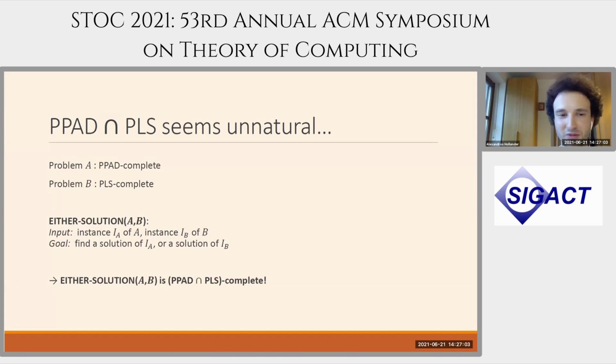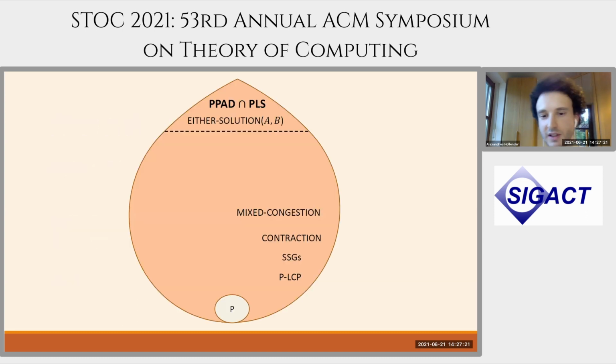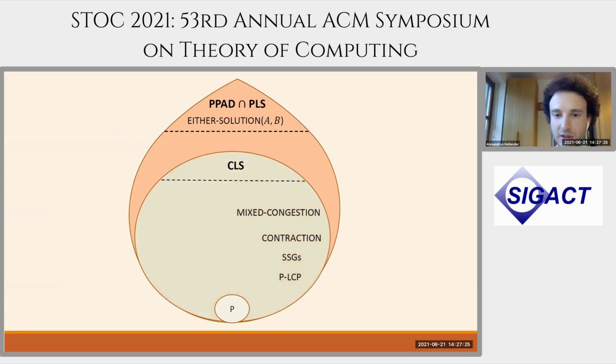There's a complete problem for the class already. The problem is that these are the only complete problems that we know, and they are extremely unnatural and artificial. And so as a result, this class seems like a very artificial, unnatural class, which is unlikely to exactly capture the complexity of these natural interesting problems. And so Daskalakis and Papadimitriou defined a subclass of PPAD intersection PLS, which they call CLS, for continuous local search.